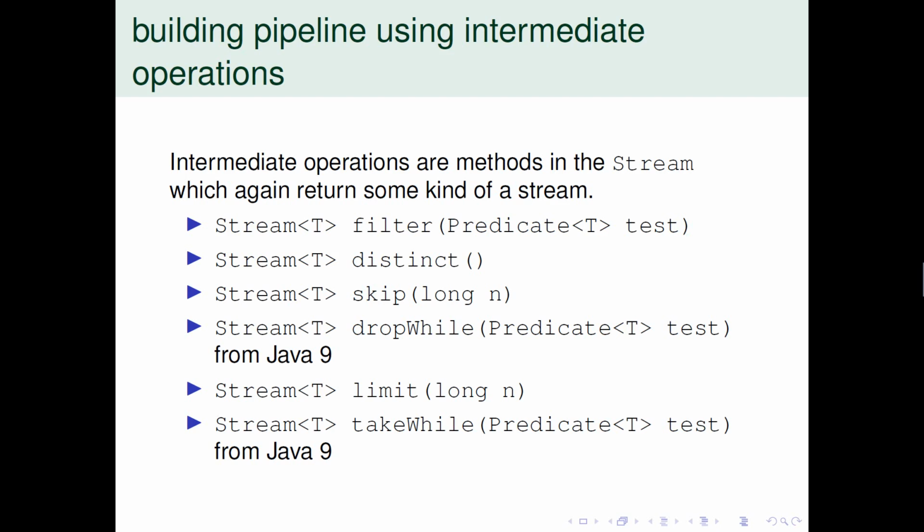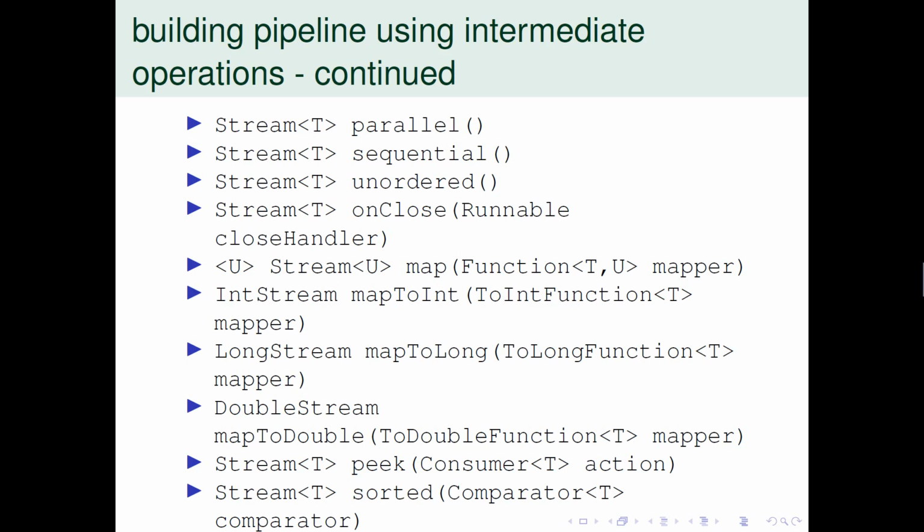The next set of methods are the ones which keep the same number of elements. For whatever I have received, you will get one equivalent element. The first three methods here are just about changing the kind of stream. Whatever the stream has been up to this point, I want it to now become a parallel stream. If it's a parallel stream, it also requires support on the input side.